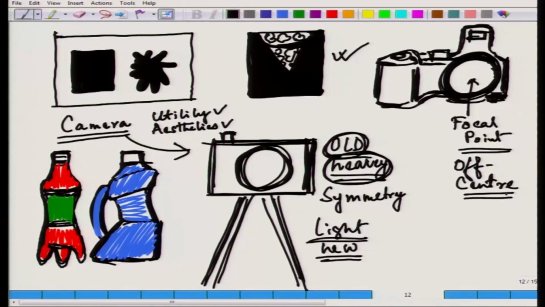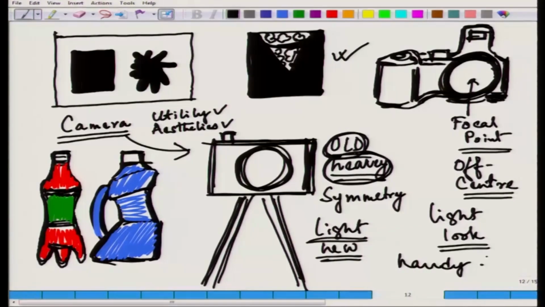So, the off center location will give it a sense of asymmetry, it will make it look more light. So, the visual appearance will reduce the weight of the camera, it will be more handy and so on.